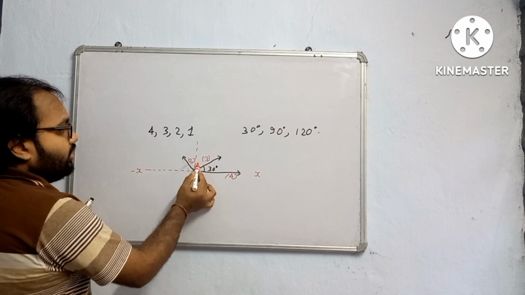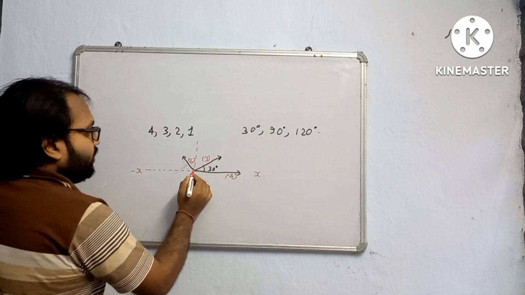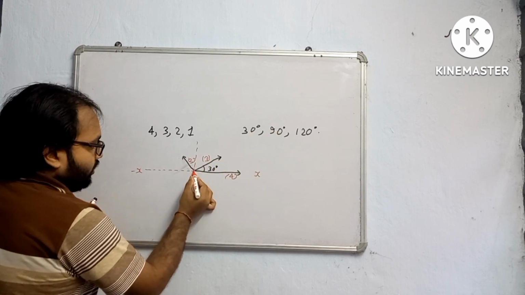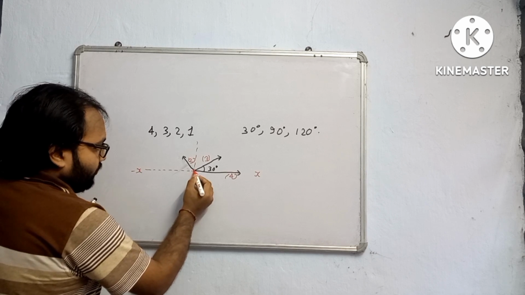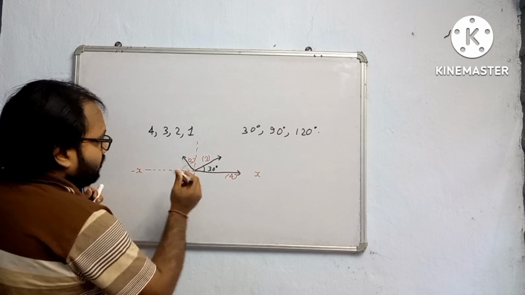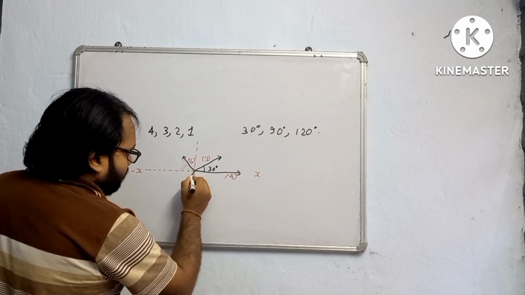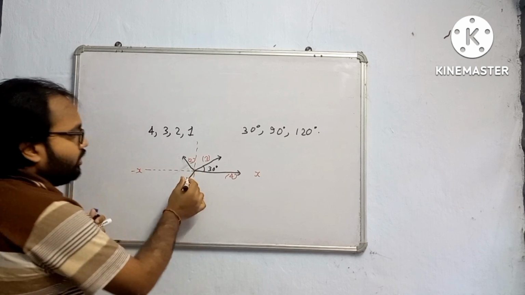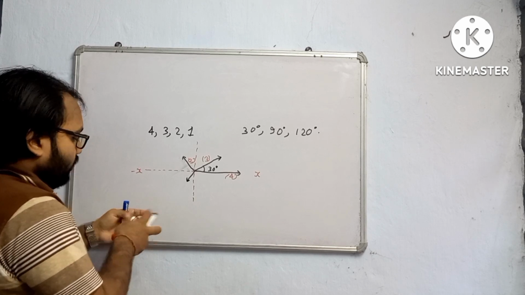So this is 30 degree, 90 degree, 120 degree. 120 degree, that means more than 90, so it will be here. This vector is of 1 unit.